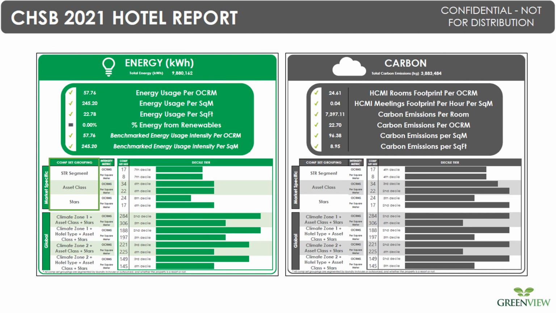For climate zones, we have more granularity because we have large data sets to pull from. This means for the first one, climate zone 1, according to Geiger, which benchmark hotels within the same climate zone, within the same asset class and the same number of stars.